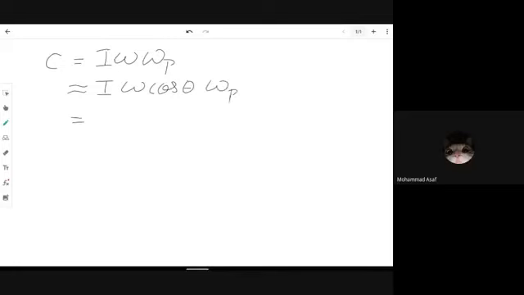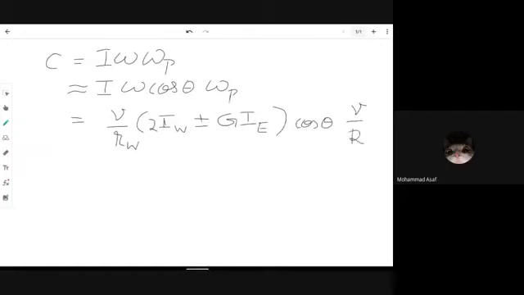Now I omega we already know was V divided by RW multiplied by 2 into IW plus or minus G into IE, which we have already derived, multiplied by cos theta, and in place of omega p we can now write the linear velocity v divided by capital R.